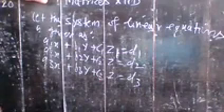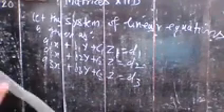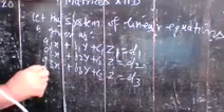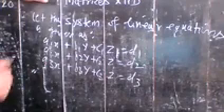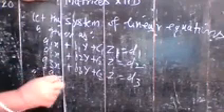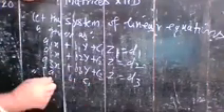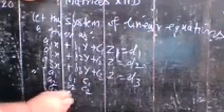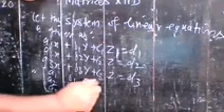Now, these three equations can be very easily converted in the form of matrix. Your first matrix is formed by taking the coefficients of all the variables in the same order. So you can write it as a1, b1, c1, a2, b2, c2, a3, b3, c3.